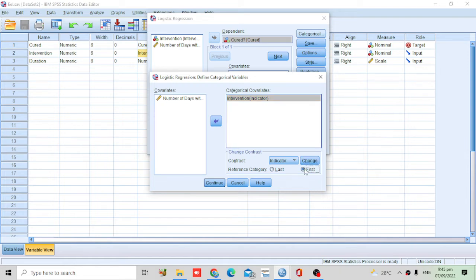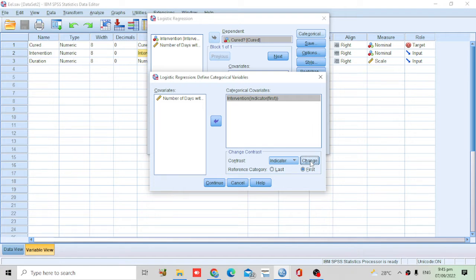Of course, since it has two levels, we considered yung patient na i-assign natin as our reference value.